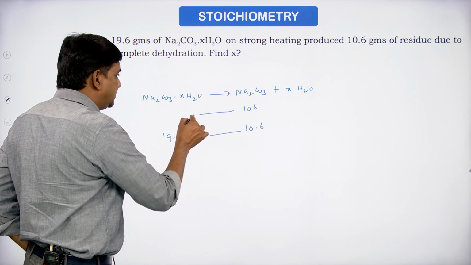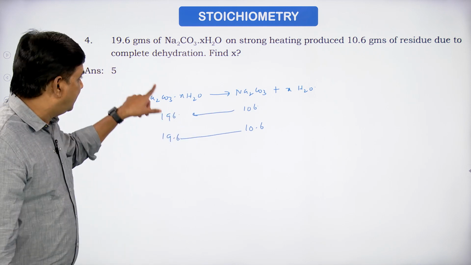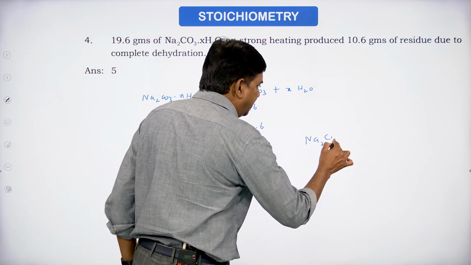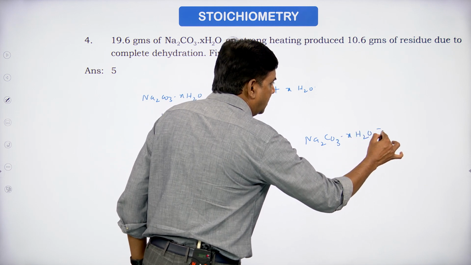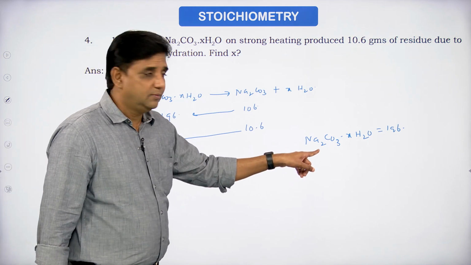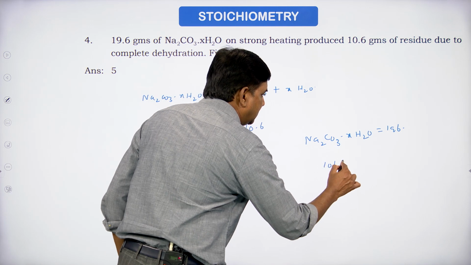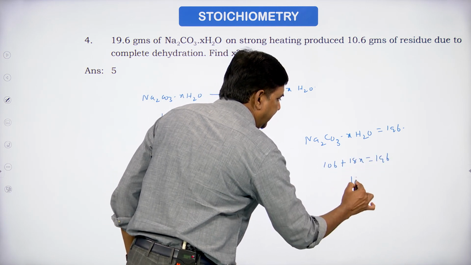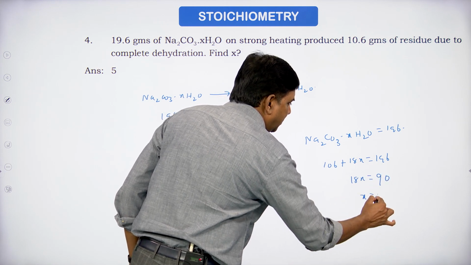Therefore, 106 grams is given by 196 grams. Out of this 196 grams, the Na2CO3 mass is 106, so 106 plus 18x is equal to 196, 18x is equal to 90, x is equal to 5.